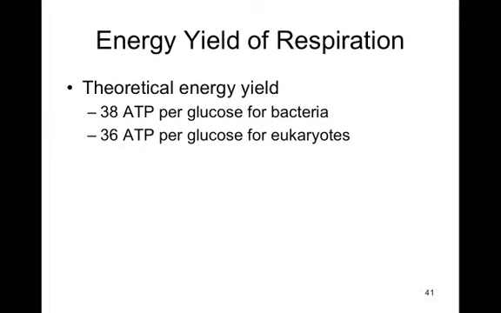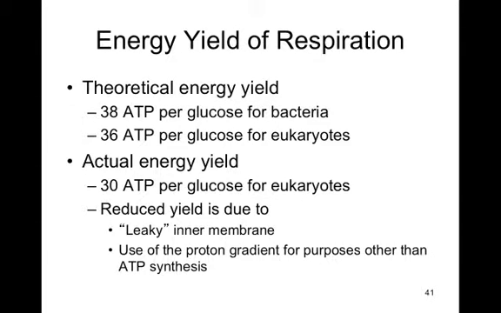Theoretically, we have 38 ATP for each glucose in bacteria and 36 ATP per glucose in eukaryotes. The actual energy yield, though, is more like 30 ATP per glucose for eukaryotes. And this reduced yield is because that inner mitochondrial membrane has a little bit of a leak for hydrogen ions.